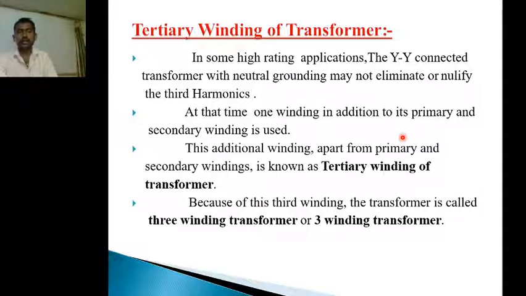In this manner, we can eliminate the third harmonics in star-star neutral grounded transformers. Because of this third winding, the transformer is called a three winding transformer. So what is the diagram of the three winding transformer?